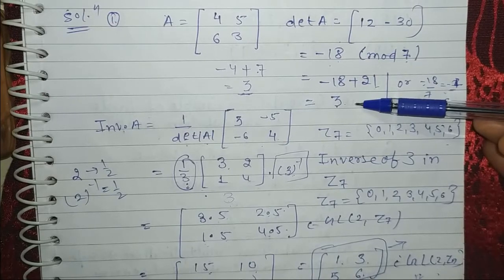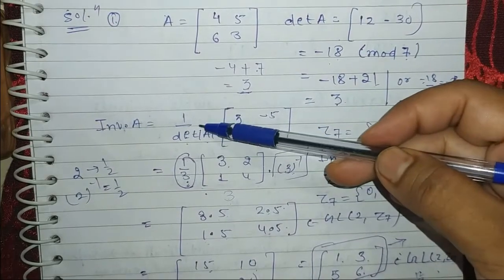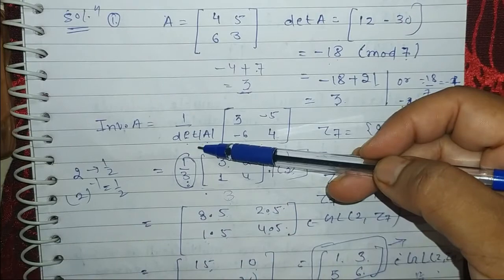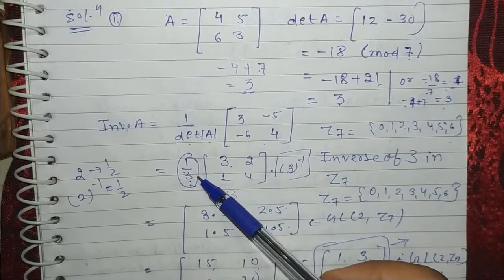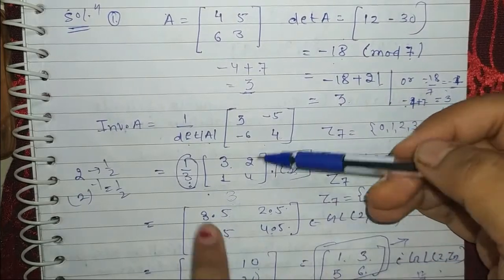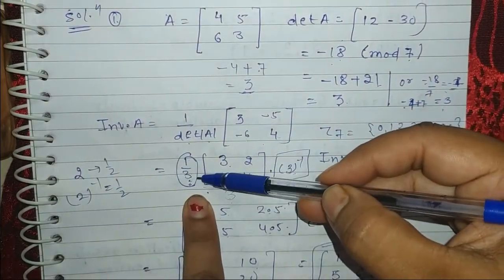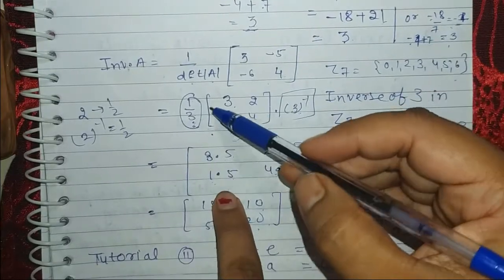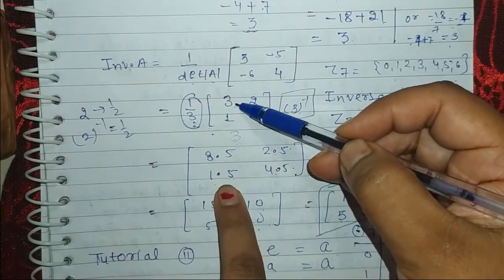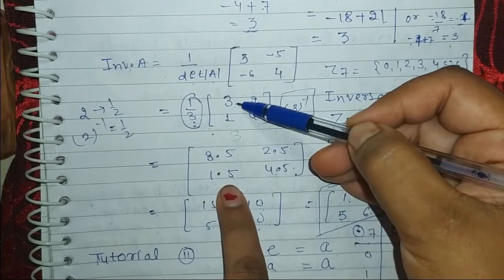What is the difference here? Here the factor is 1 by 3. We can write this 1 by 3 as the inverse of 3. So by the Cayley table we find the inverse of 3, that is 5. So I am multiplying this value into each entry of the matrix.